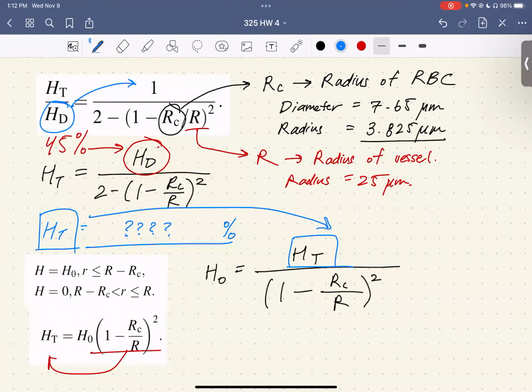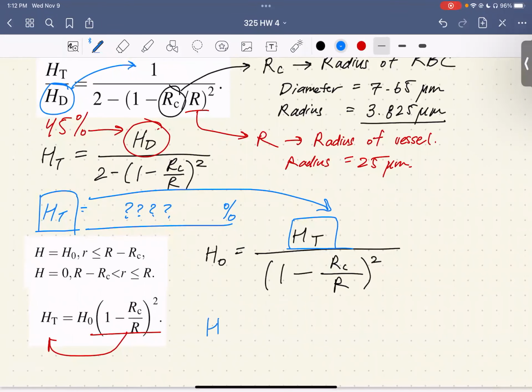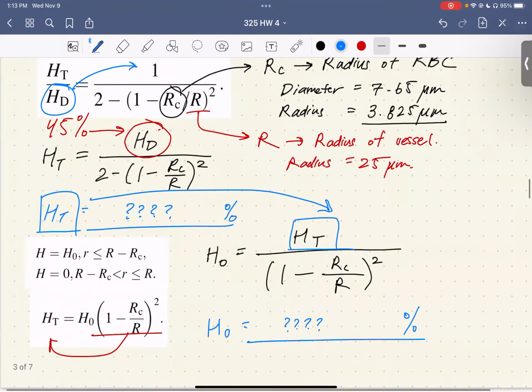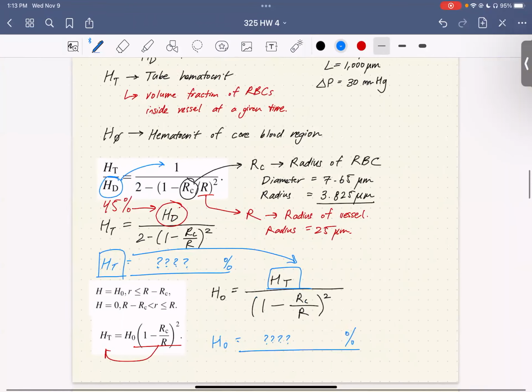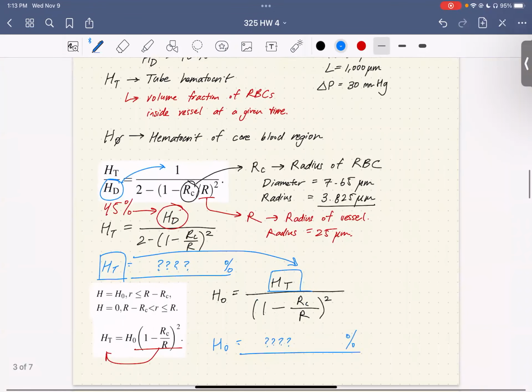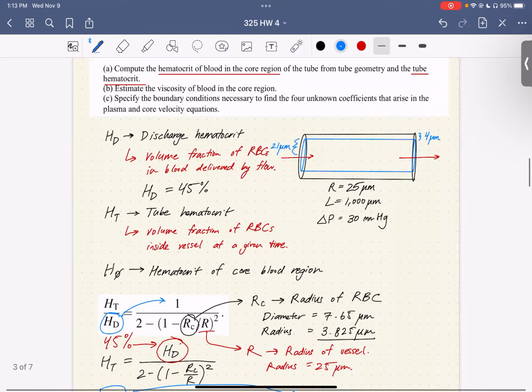So it's a several step process, and we'll use it to find H0. And then you should have something that solves for H0 in terms of percent. This is an assumption we make to find the actual core region of that core blood region and the specific hematocrit there.